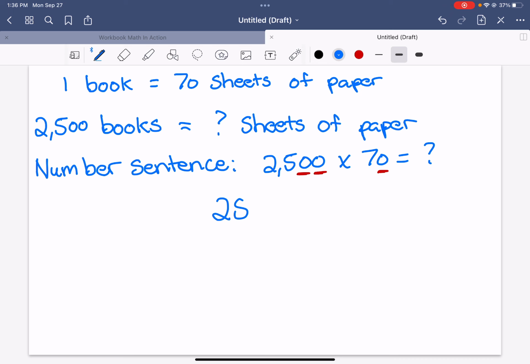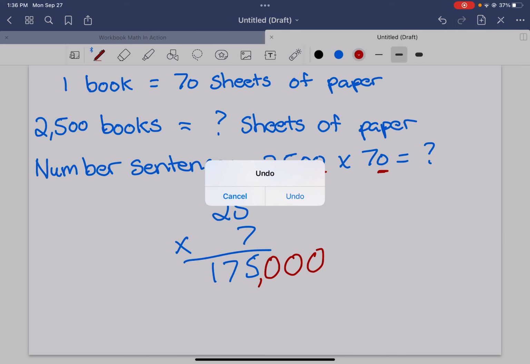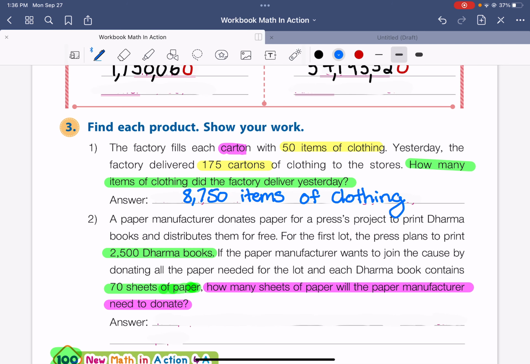So we can just do 25 times 7. 5 times 7, 35. Carry over 3. 2 times 7, 14, plus 3, 17. 3 zeros. 1, 2, 3. We get 175,000.